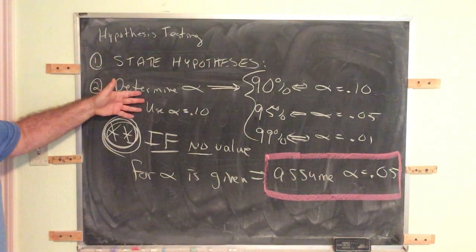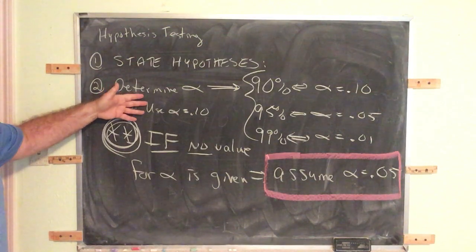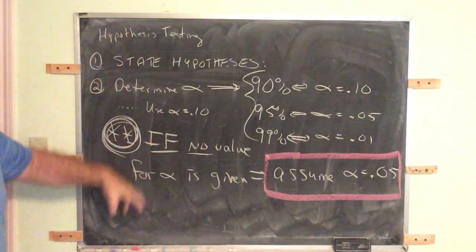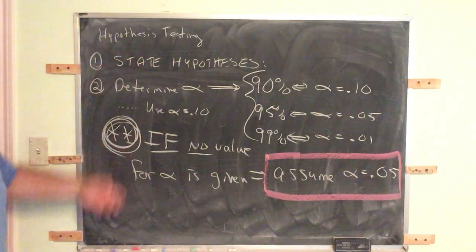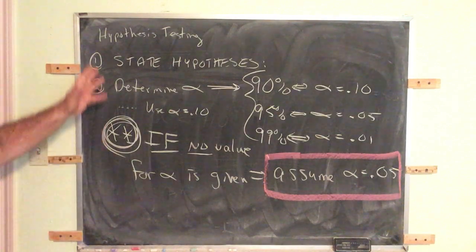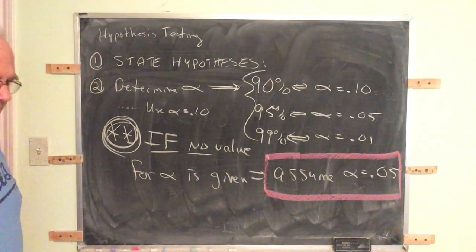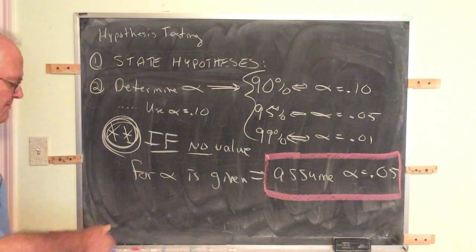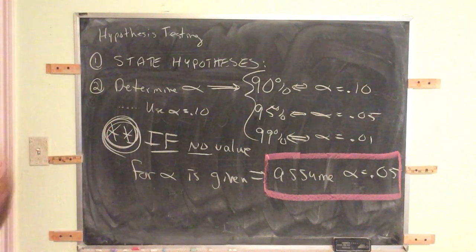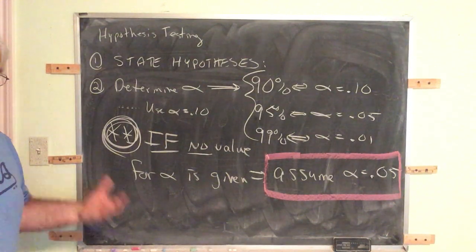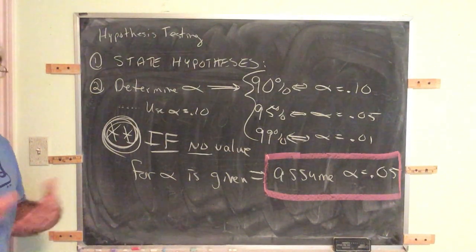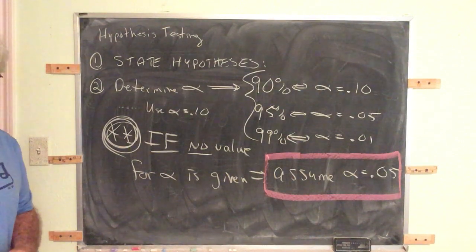Roughly speaking, it's a measure of the probability that our decision, if we reject the null hypothesis, is not correct. That's an extremely crude statement of it, but that's roughly what's happening here. It's a measure of the potential error involved in one type of potential error in this problem.